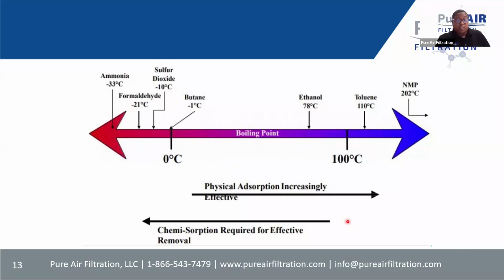As you can see here, as we go down the scale, chemiabsorption is better at targeting sulfur dioxide, formaldehyde, and ammonia, and then physical absorption is better for your organic molecules. For reference, H₂S has a boiling point of minus 60.3 degrees Celsius. So it's way down here, and that's why we recommend using an engineered carbon for H₂S removal.